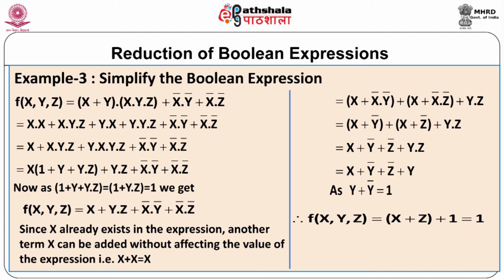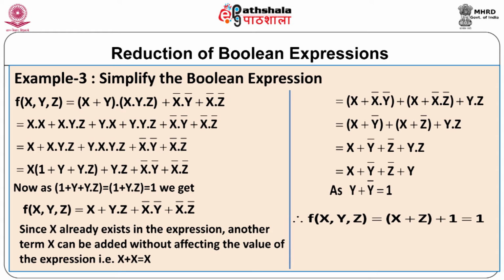So, what we get is x OR with y bar bracket complete, OR with x OR with z bar bracket complete, OR with yz, that is x OR y bar OR with z bar OR with y and z.